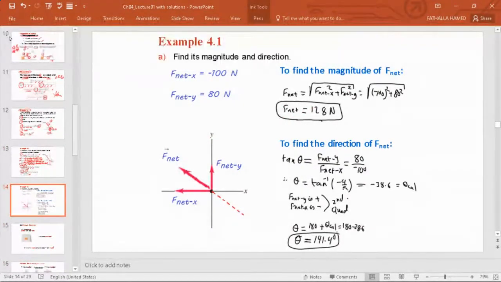So this is the x component of the net force, minus 100 newtons. The y component of the net force is 80 newtons.